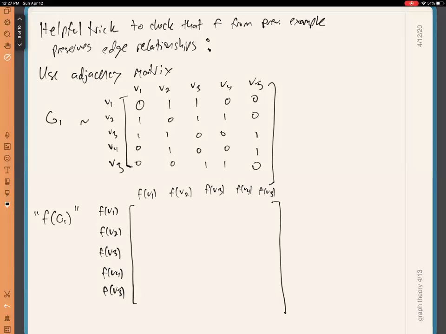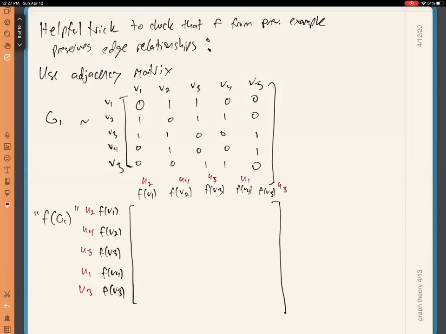So, what was F of V1? Remember, this was U2. F of V2 was U4. F of V3 was U5. F of V4 was U1, and F of V5 was U3. So this was U2, U4, U5, U1, U3.